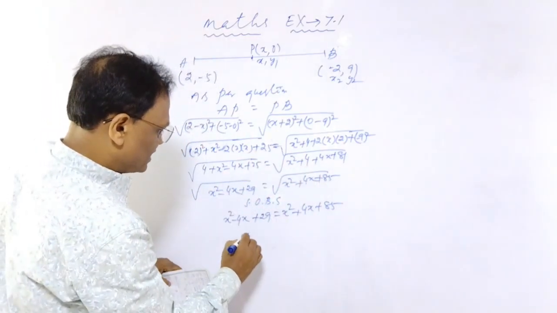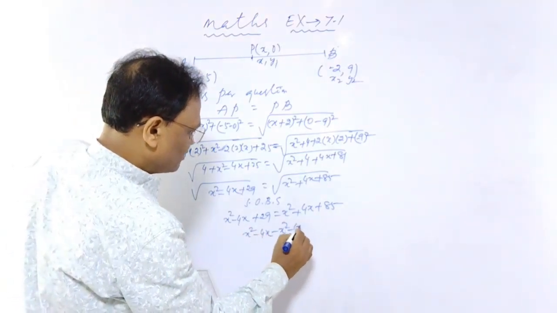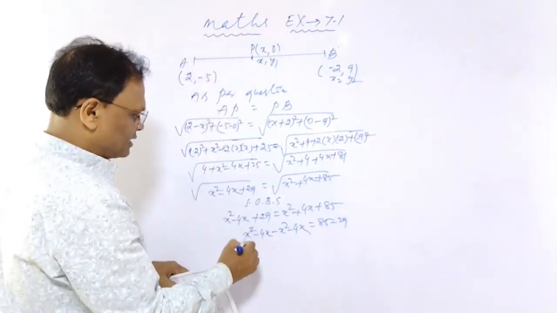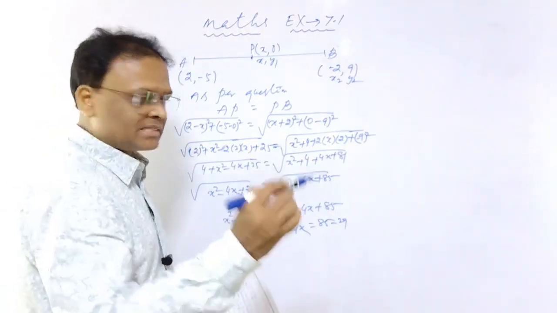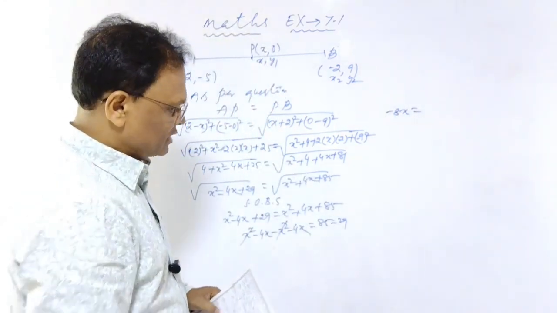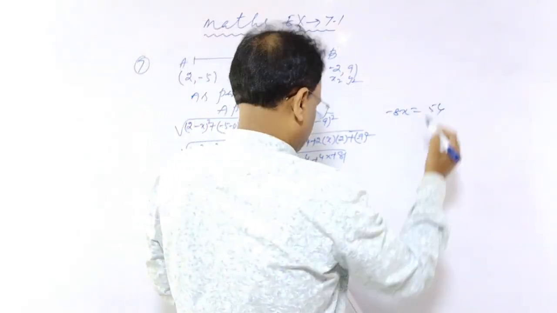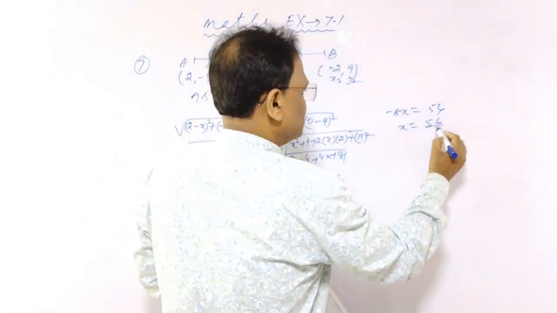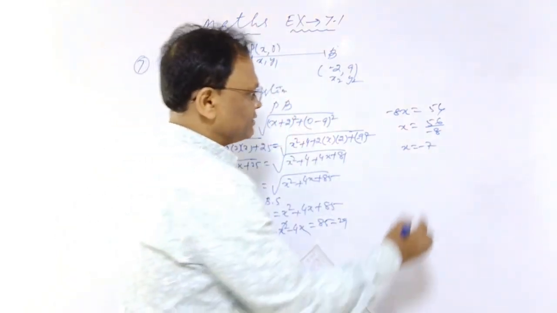Now bring all those things from that side to this side: x square minus 4x minus x square minus 4x equals 85 minus 29. x square minus x square cancel, minus 4x minus 4x is minus 8x. So minus 8x equals 85 minus 29, which is 56. So x equals 56 divided by minus 8, which is nothing but minus 7. 8 ones are 8, 8 sevens are 56.